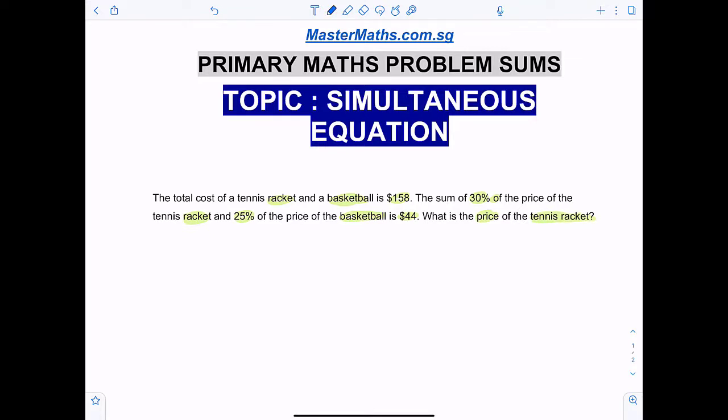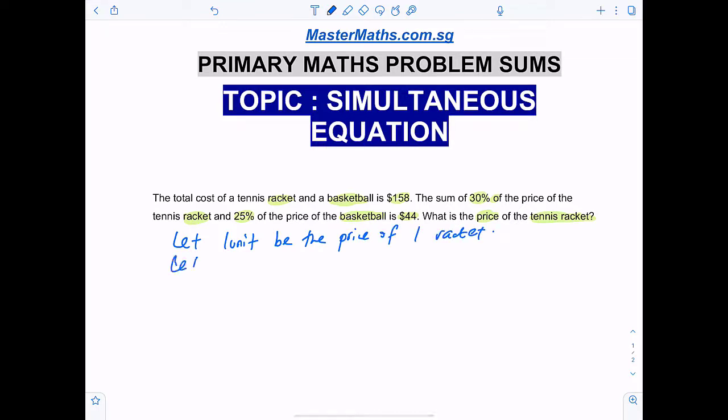Alright, so to do this question, we can use simultaneous equations or assign units and parts for the racket and for the basketball. So we can write this down first. Let 1 unit be the price of 1 racket.